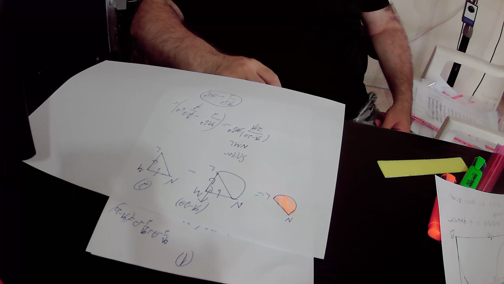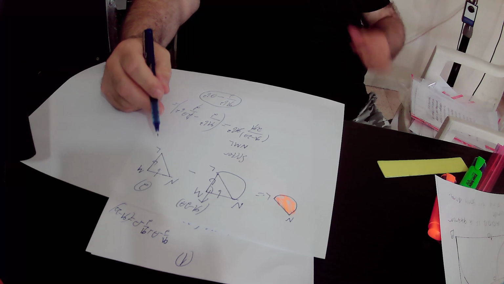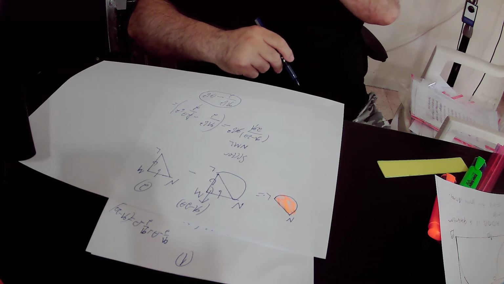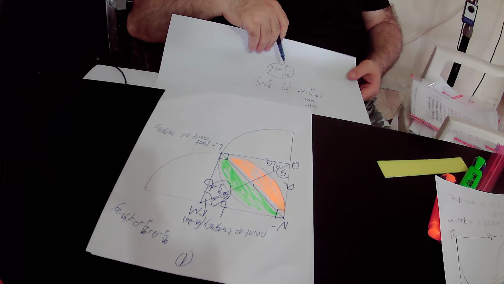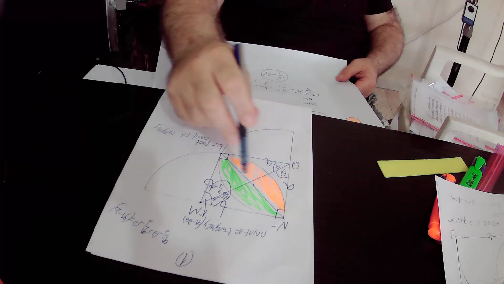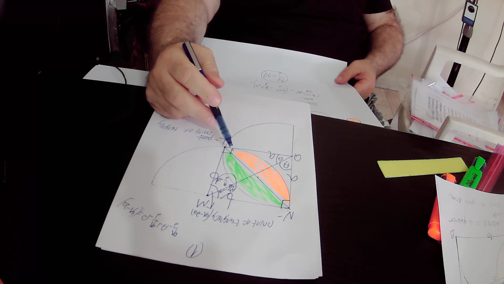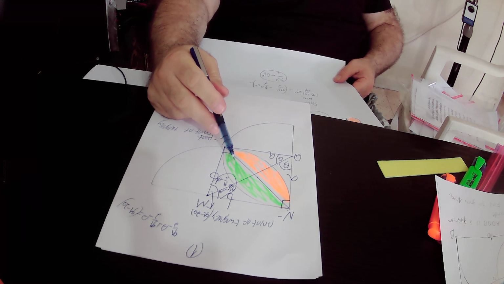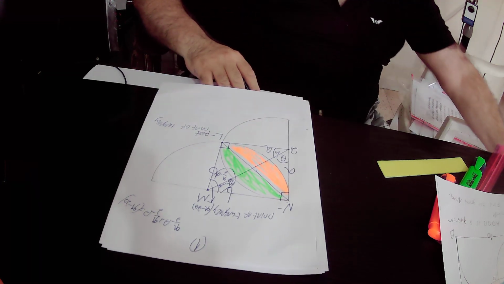As I already mentioned, we will not calculate the area of this triangle. We know that the area of this lens equals the area of the upper circular segment plus the area of the lower circular segment.